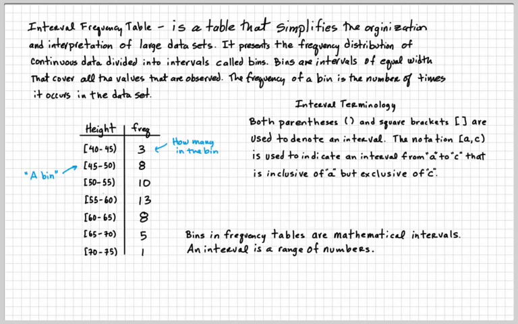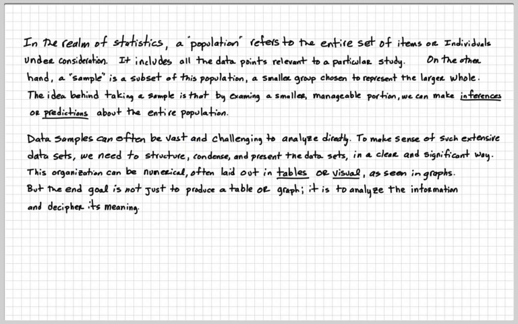So let's think about this. You can have a population or a sample in these interval frequency tables, right? A table, something visual helps in organizing the information, but it doesn't really give you the meaning.